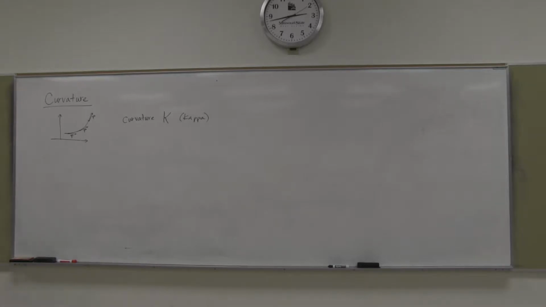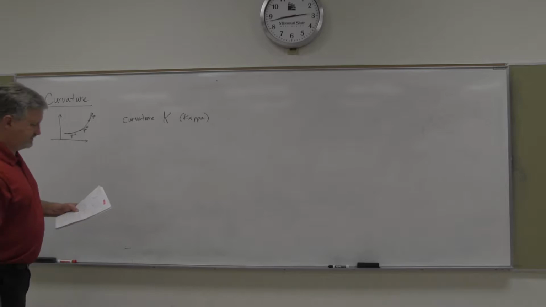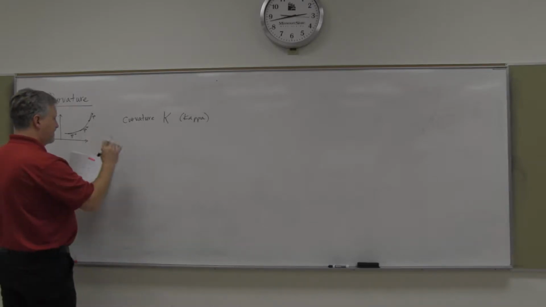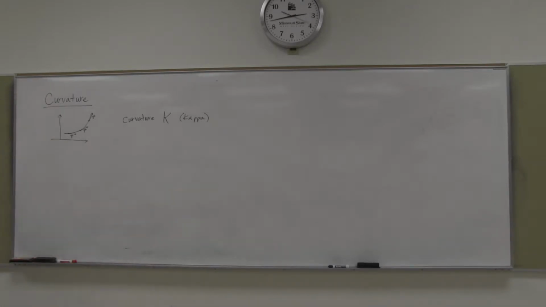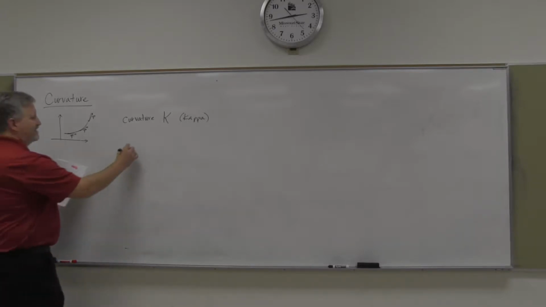So it's the rate at which the direction of the unit tangent vector is changing. Okay, well, how does that translate into a formula?